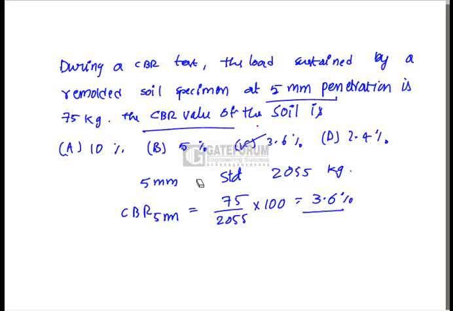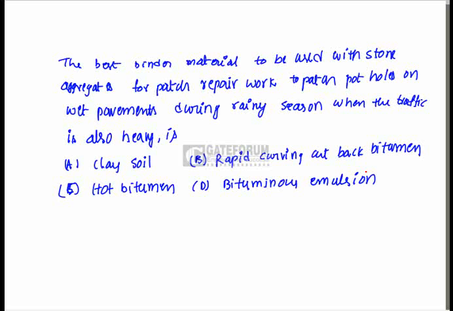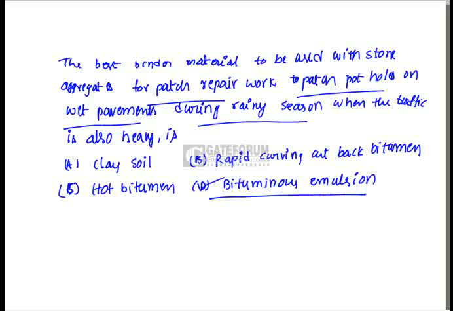So answer C is correct. For patch repair works, to patch potholes on wet pavement during rainy season, we are going to use a binder material that is bituminous emulsion. Option D is correct.